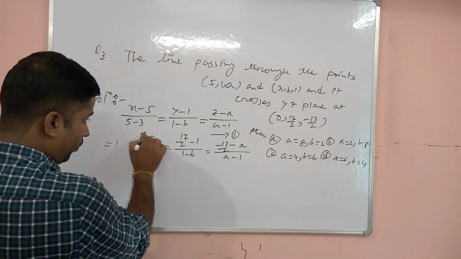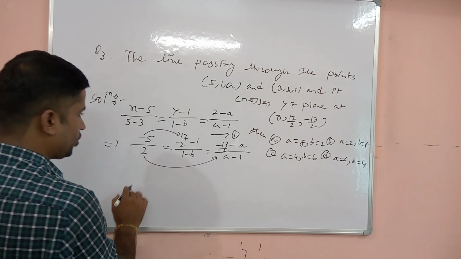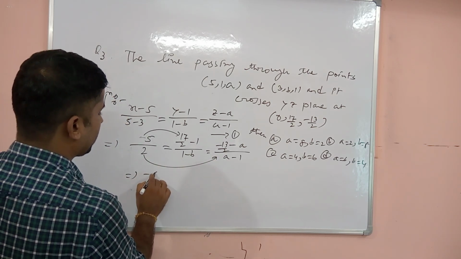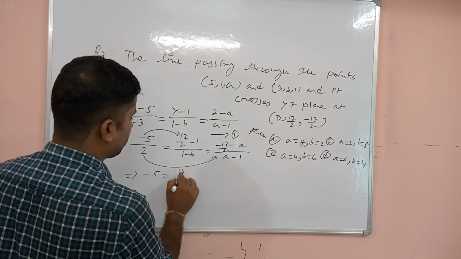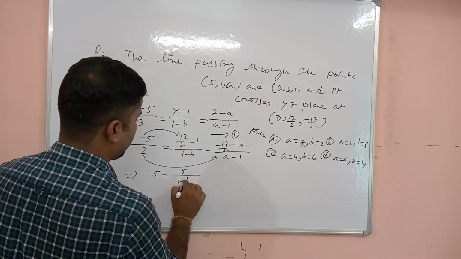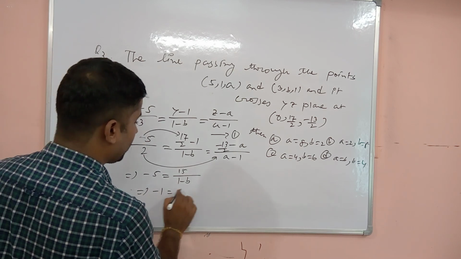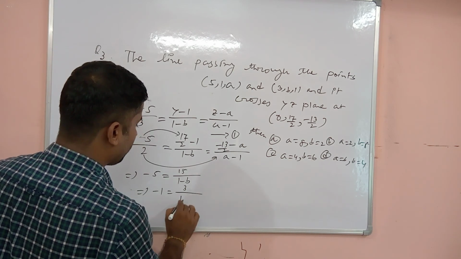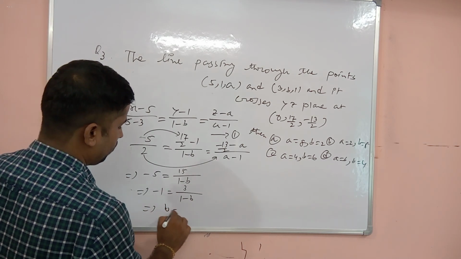If we compare these with these and these with this, then we shall get minus 5 equal to 17 minus 2, that is 15 by 1 minus b. So it shall imply minus 1 equal to 3 by 1 minus b. So b is equal to 4.